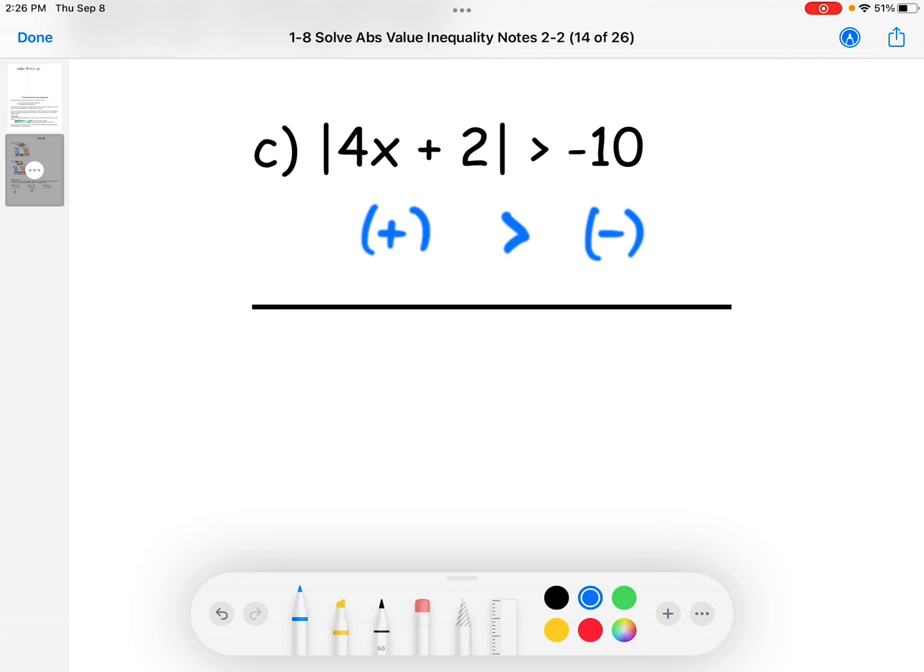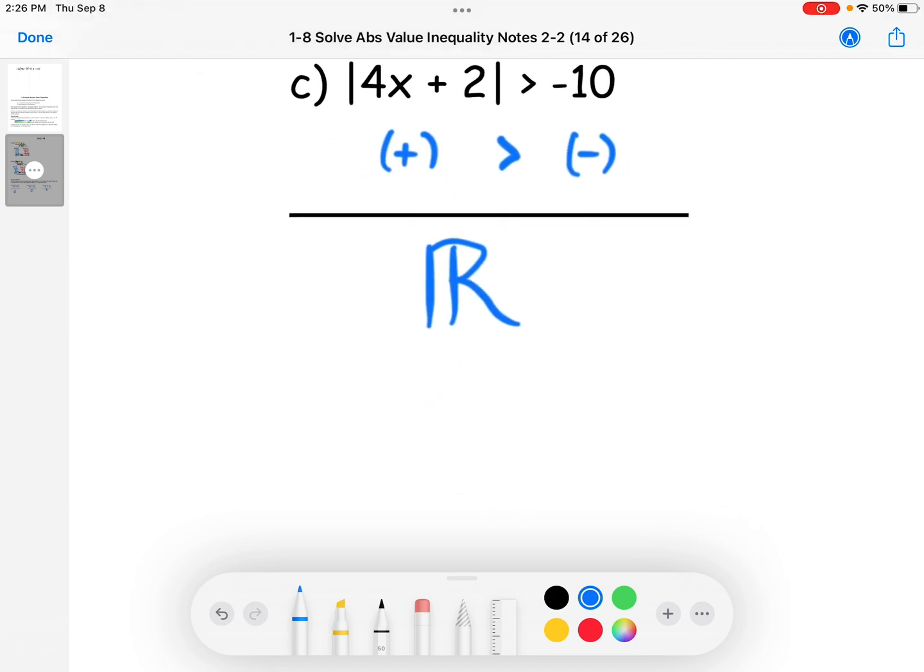Every single time, no matter what, it is always going to fit in that inequality where a positive number is greater than a negative number. That tells us that our solutions right here are all real numbers. That's that symbol you've seen before, the R with two stems on it. All real numbers. Any x value could fit into that. The way we've been talking about all real numbers, we've said negative infinity up to positive infinity. That interval represents all real numbers. It's the same thing.